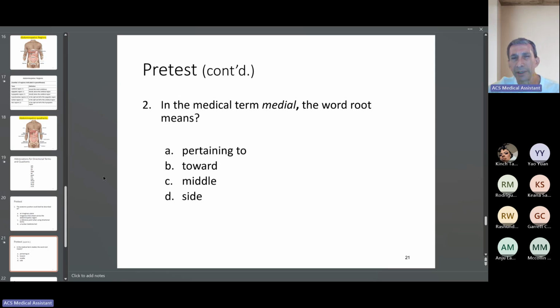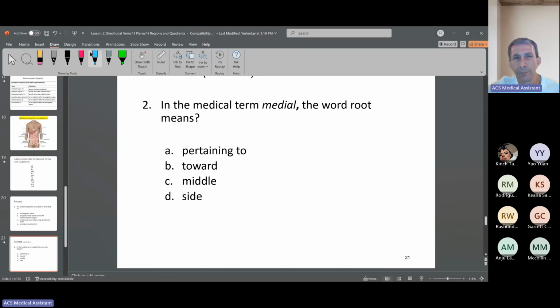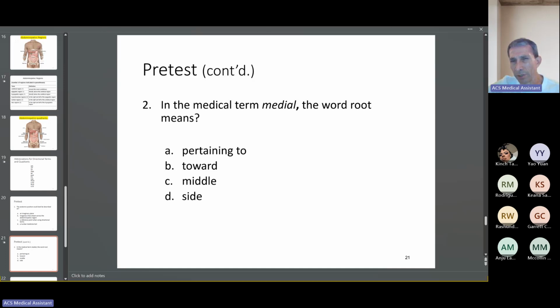Number 2, in the medical term medial, the word root means what? Remember, you send me the answers by the chat. So let me break the word. I want you to make sure that you know what you're doing. Medial.